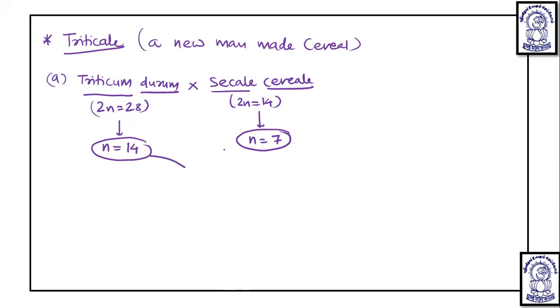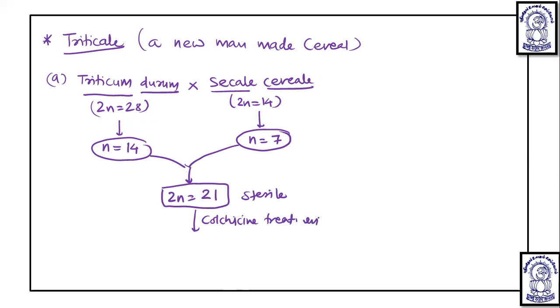So when the F1 hybrid is produced, this F1 has 2n equals 14 plus 7, that is 21, and this F1 hybrid is sterile. Now further colchicine treatment is given, and it particularly causes polyploidy of this. So this 2n becomes what? 42.